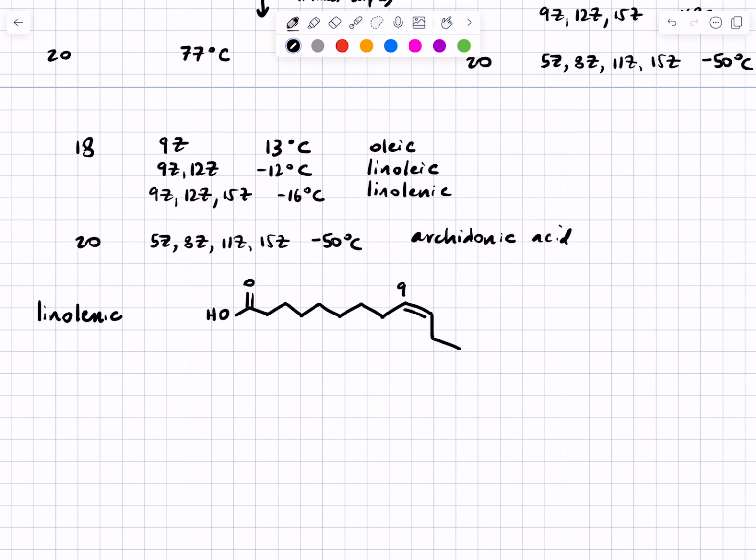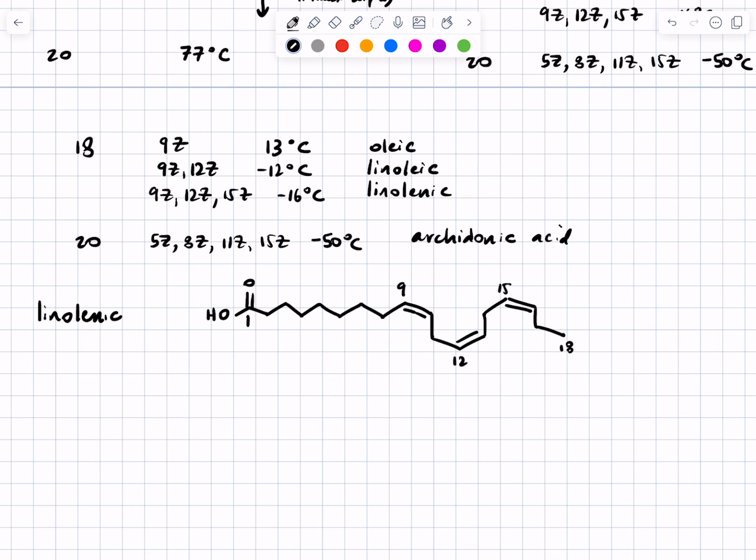Then we'll go to carbon 12, and at carbon 12, we're going to have another double bond, and its configuration is going to be Z. 13, 14, 15. At carbon 15, we've got another double bond whose configuration is Z. 16, 17, 18. So this is carbon 1, this is carbon 18.